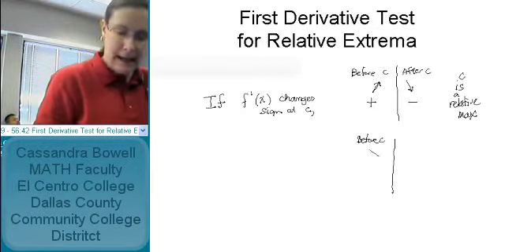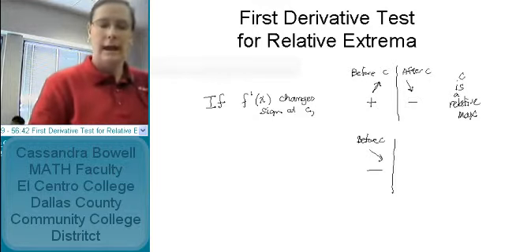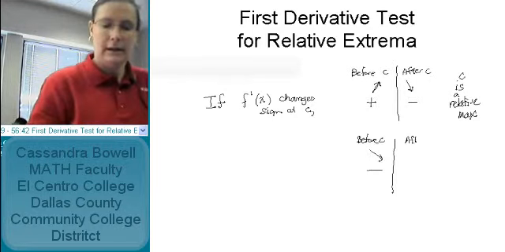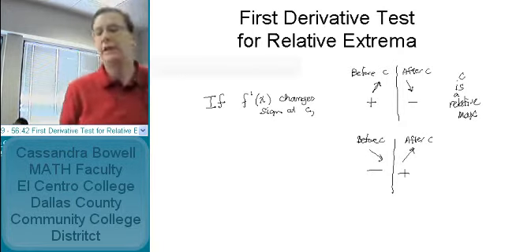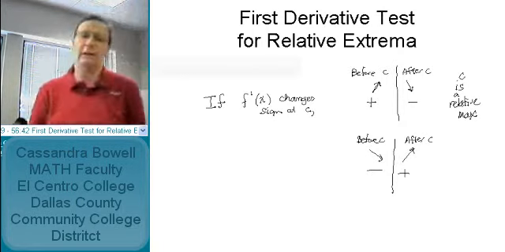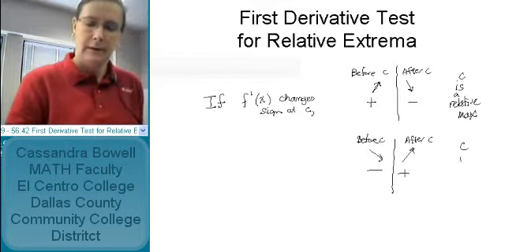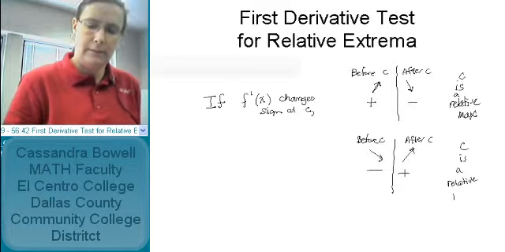If we see it change sign at c, and before c it's negative, and after c it's positive, and we saw all this visually already, what do you think happens there? You've got a relative minimum. C is a relative minimum.